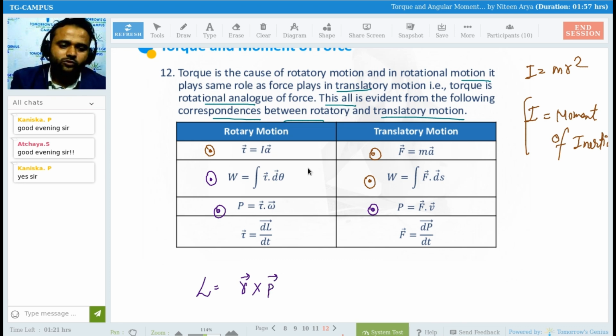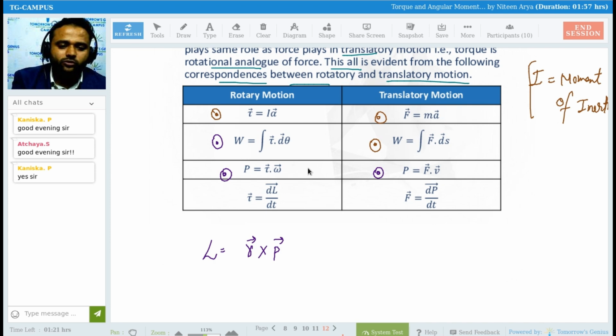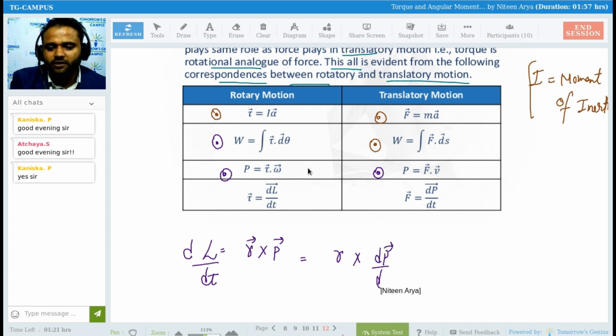Clear? So if I differentiate this way, you can directly see that dL/dt, r is going to remain the same, right? So that is r, r. And dp/dt, why shouldn't I do this?